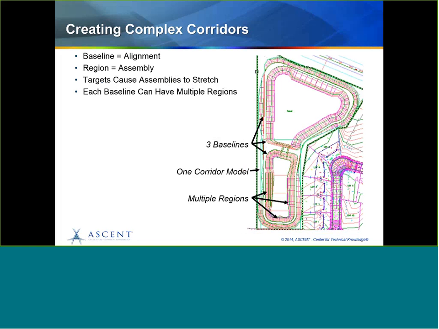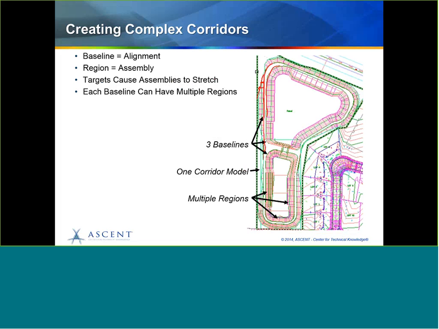Basically, we had our outer rim alignment, right? We're going to apply certain assemblies to that are going to go out in this direction. It's going to daylight out to a target surface. Then we're going to grade the interior of the North Pond using this alignment. This is all one corridor model that you see here.